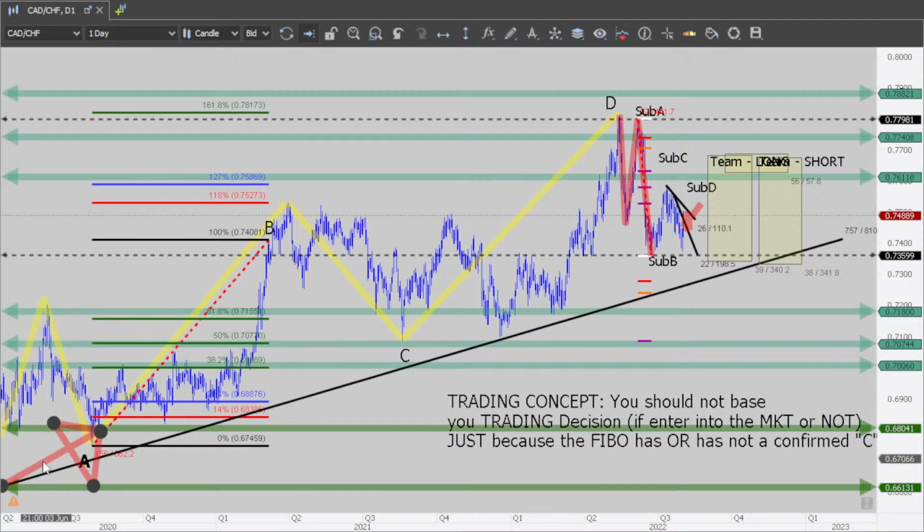This is the C of the original one, A, B, C, and this is the sub B. Alice says at first, most times the C is usually a double bottom at sub B. No such rule, Olufemi. Then Dancy says, okay, then long because the original Fibonacci is up, we are above the trend line, we break the aggressive counter trend line, and the negative is we are making lower low and lower high and not a confirmed C.